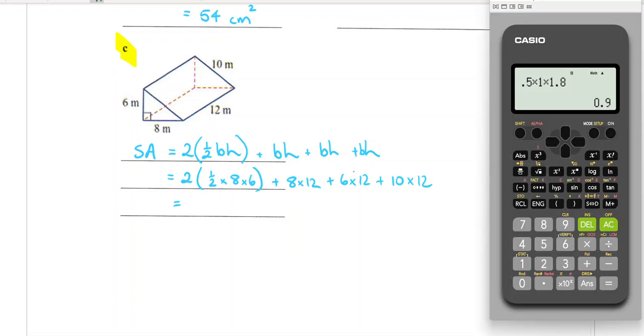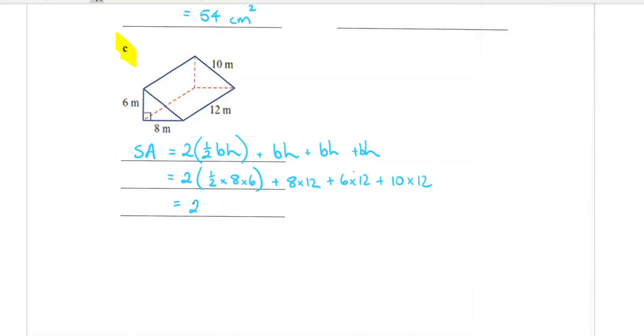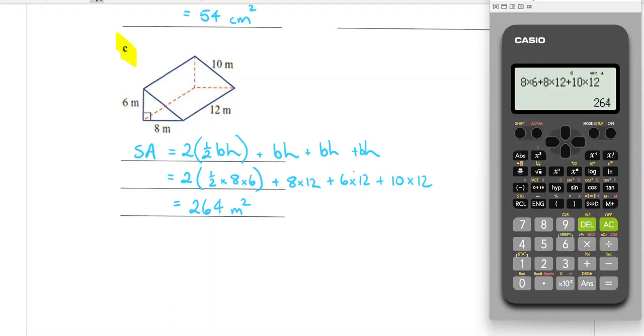So is someone going to type that in for me, or do I have to do it? 264. Oh no, I've missed a rectangle. That's not right. I've missed one.